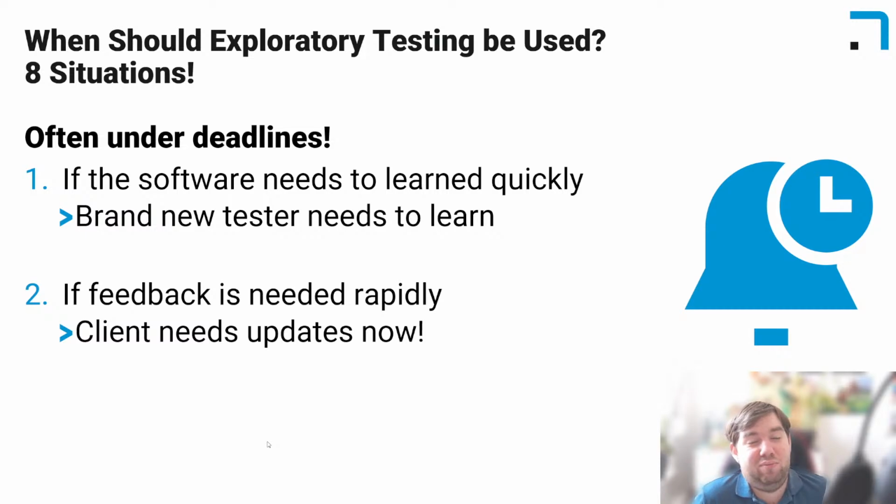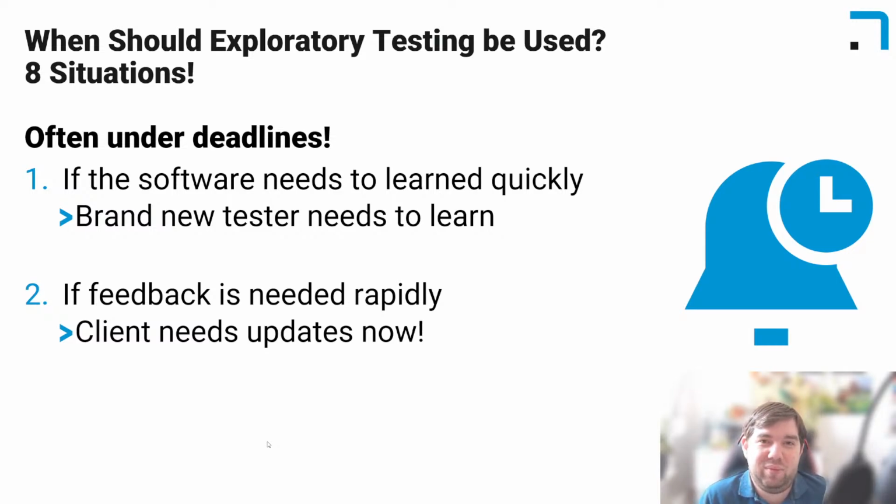In that case, we could spend some time writing a full test plan, creating some automated tests and performing that, or we could just perform some exploratory testing, get some initial feedback, get some initial ideas and potentially defects found, and update the client on that. So keep in mind that if you need feedback quickly, exploratory testing is probably a good way to go.